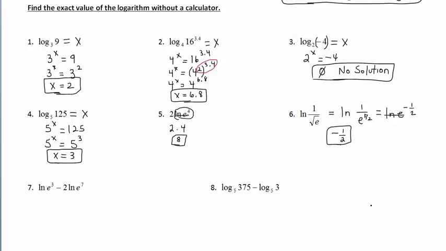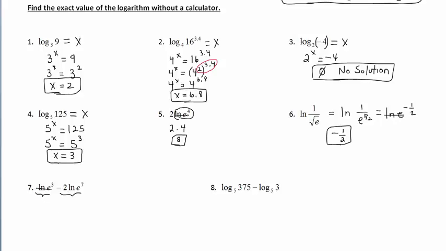All right, let's look at number 7. We've got a couple of different approaches on this one. Probably the easiest approach would be like what we did on 5 and 6. Let's look at this term and this term, see if we can simplify each of them, and then go from there.